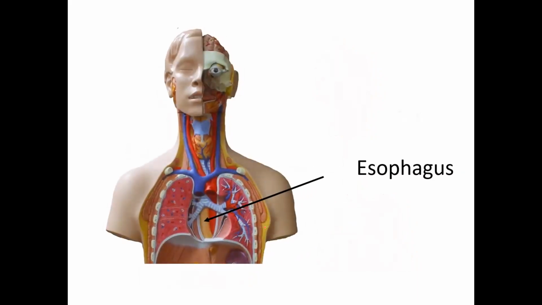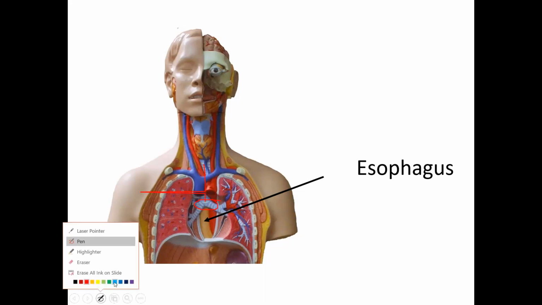Here you can see it in this model, and I want you to look close. We've taken the heart out of this model. So the esophagus is behind the heart. You can also see right here, here's the trachea, and then it splits into our left and right primary bronchi.